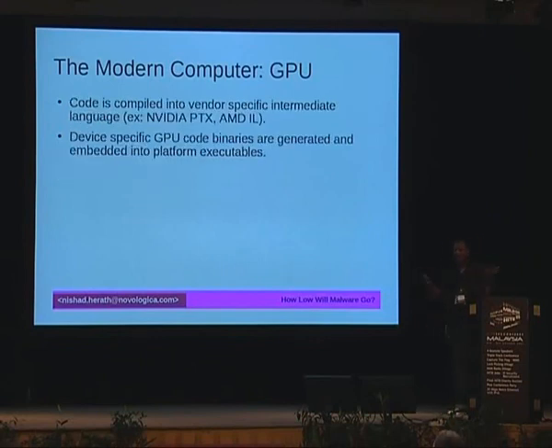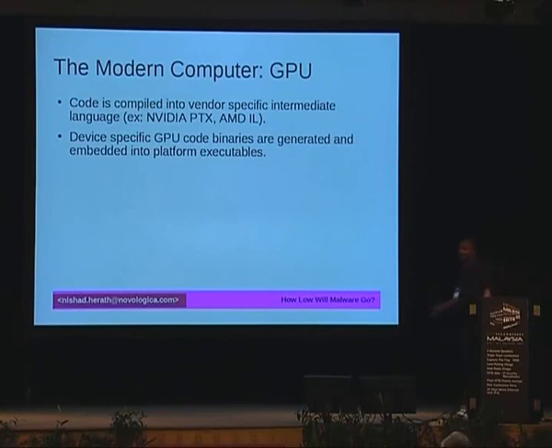On the programmable GPU side of things, generally, you write C-like code that runs on the vector processors on the GPU, and the way it works is that you write the C-like code, and it gets compiled into an intermediate language, which is vendor specific, and then when you target a device, the compiler generates device-specific code for it.